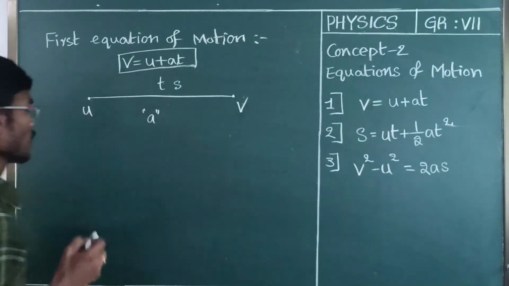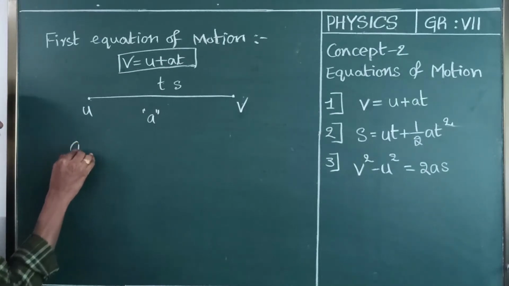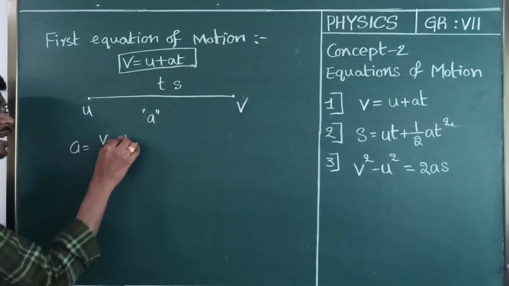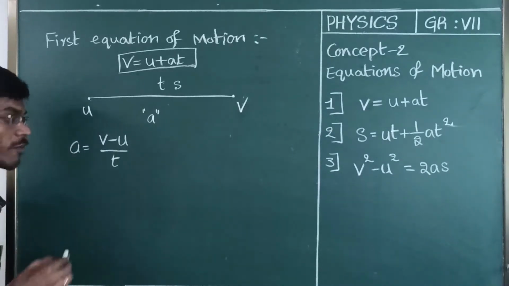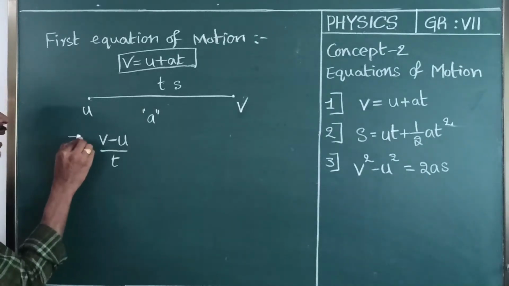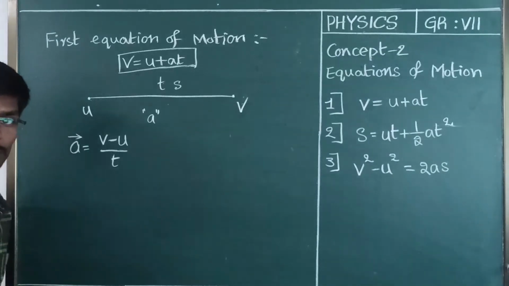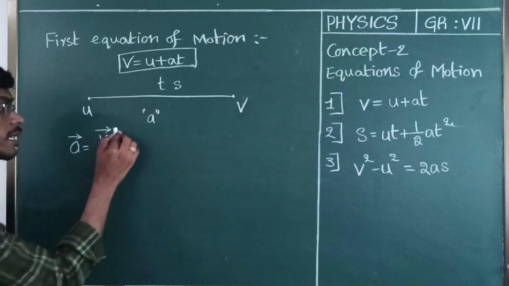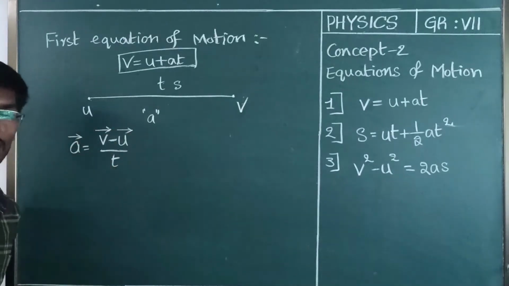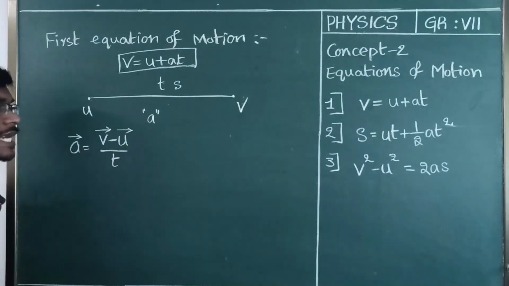Then from the acceleration formula, a = (v minus u) by t. Whenever we discuss acceleration, a bar represents acceleration, which is a vector, v bar represents final velocity, u bar represents initial velocity, and t represents time taken.